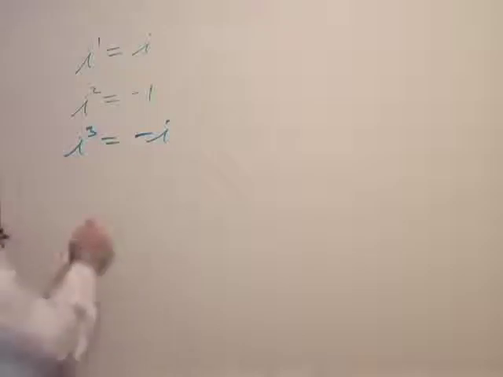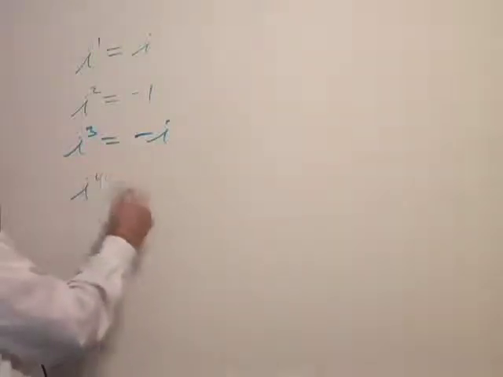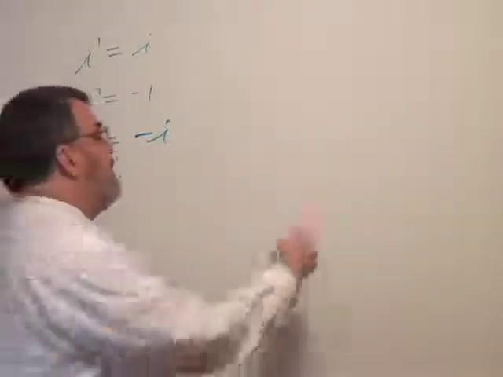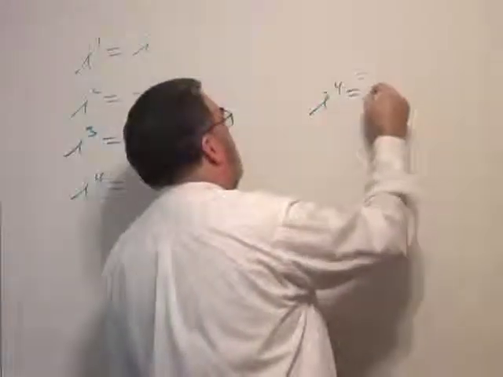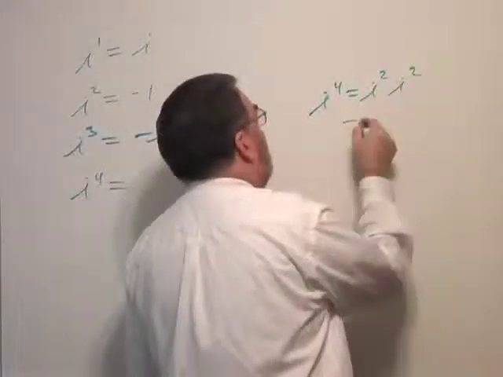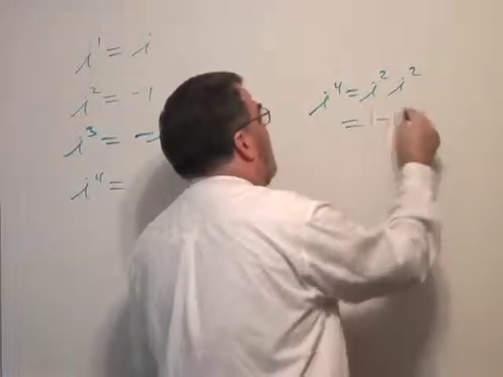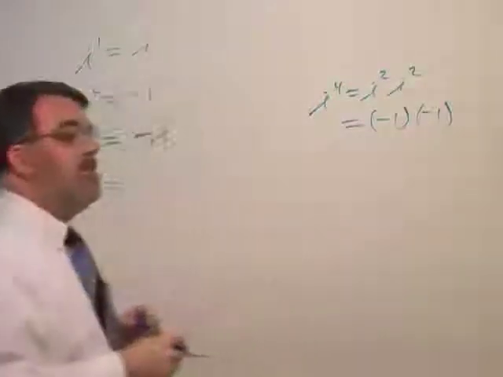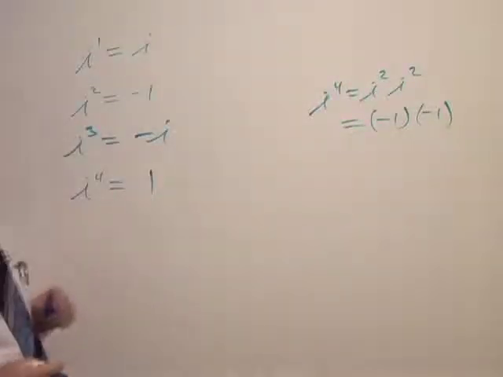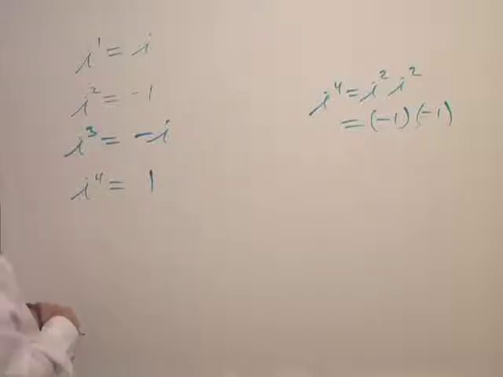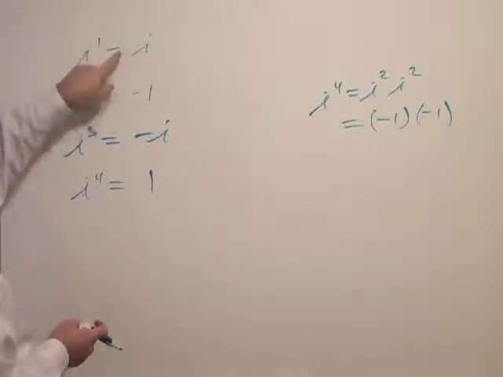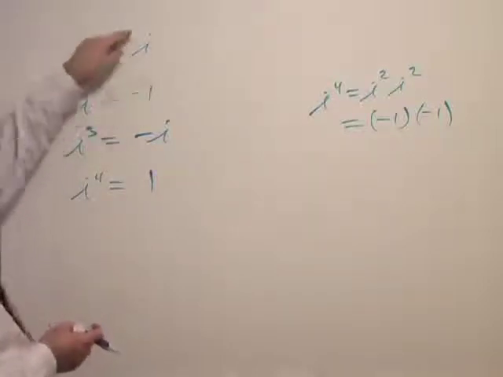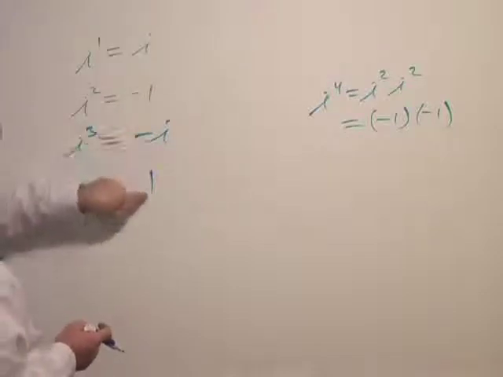And if I went one more power up, i to the fourth would be i squared times i squared, which is negative 1 times negative 1 equals positive 1. And so starting here, I go first, second, third, fourth powers. I have i, negative 1, negative i, 1.